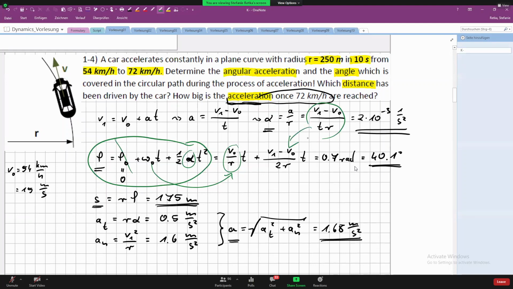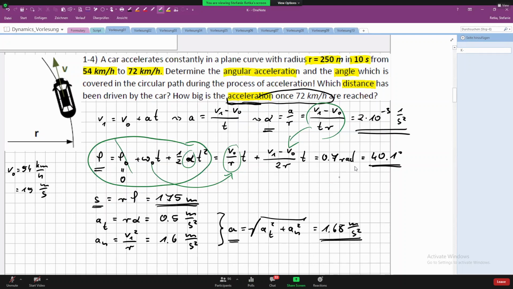I have a question. Yes. When we are solving the first question, our angular acceleration, we got 2.10 raised to minus 3, 1 per second square, which is in degrees and not in rad per second square. But while we are calculating the second question, our final answer is in radians and not in degrees. How come? We never use degrees. It's always radians.